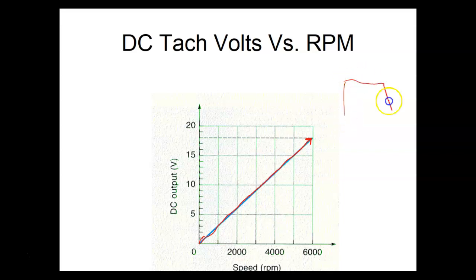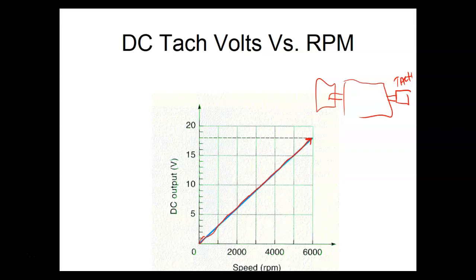You can buy motors different ways, but this one had a shaft coming out that was hooked up to the gearbox, and then a shaft coming out the back where they hooked the tach generator. So these things produce a DC voltage that is proportional to speed. As speed goes up, the voltage goes up. As speed goes down, the voltage goes down.